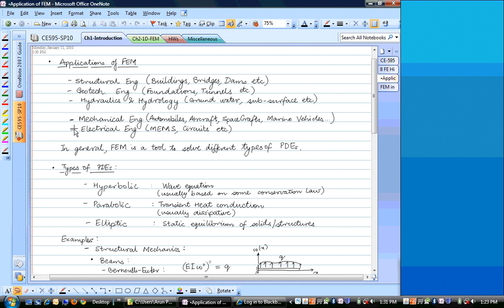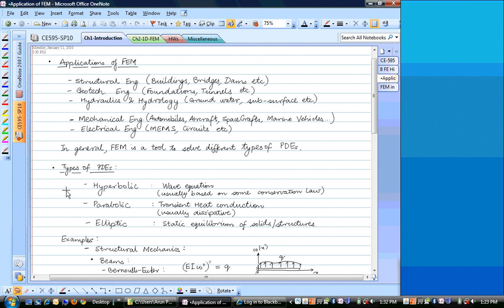Again, there are applications in mechanical engineering, electrical engineering. So really this is a very wide area of applications. In general, finite element is a very good tool for being able to solve different types of PDEs. And traditionally, you might not be inclined to think of your problems as PDEs, but essentially PDEs are what they are.